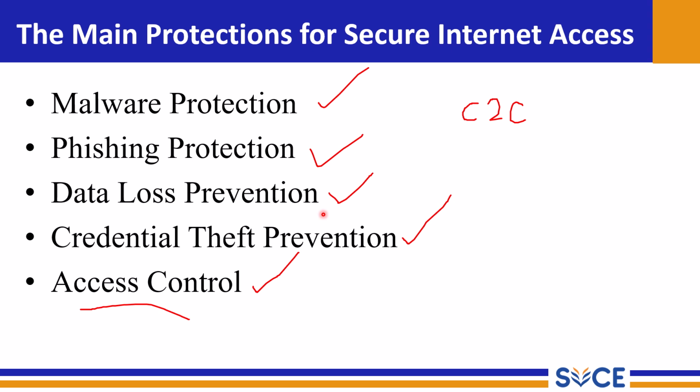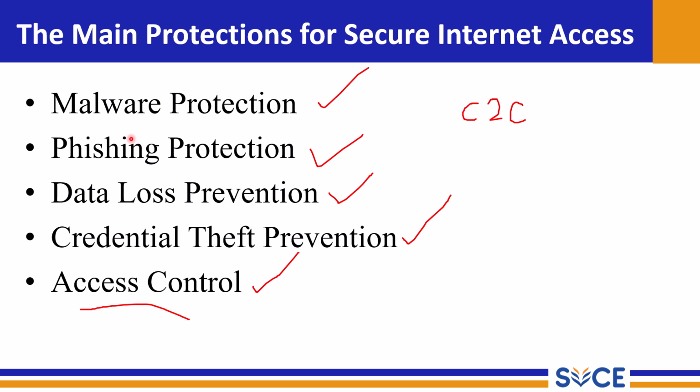Five critical features of a secure browsing solution include zero-day protection, SSL traffic inspection, seamless user experience, scalability and simple deployment, as well as privacy. So first one, zero-day protection.